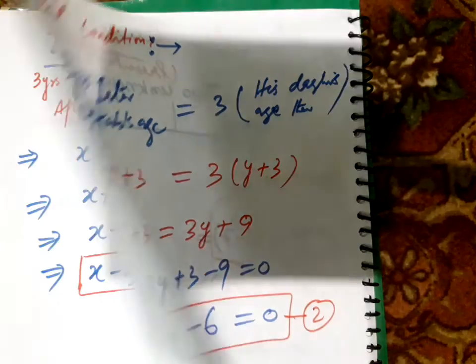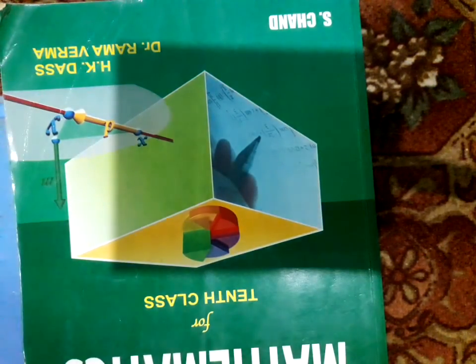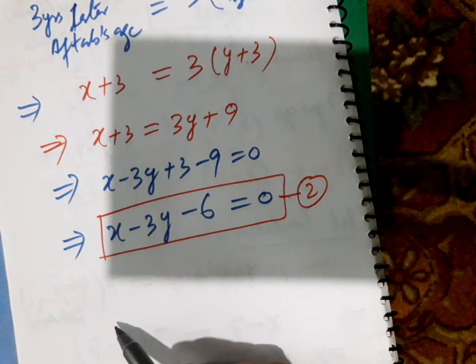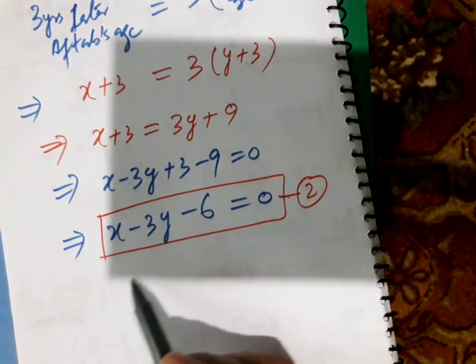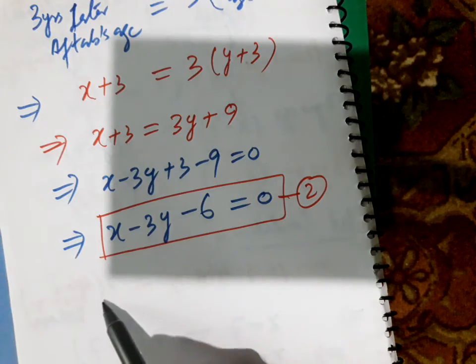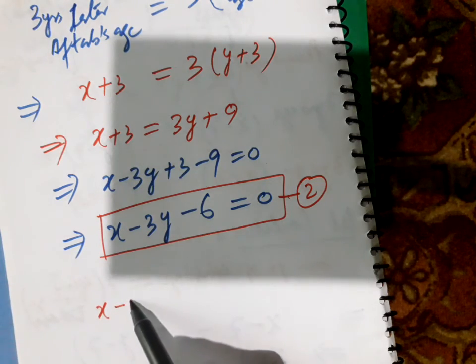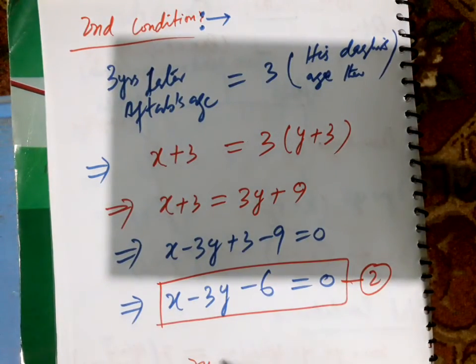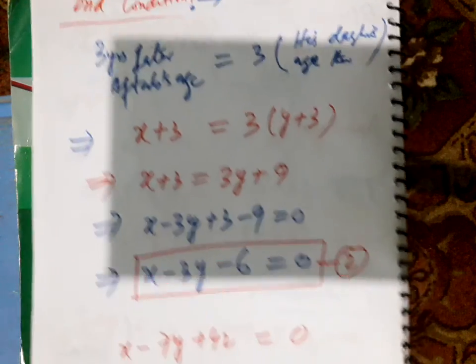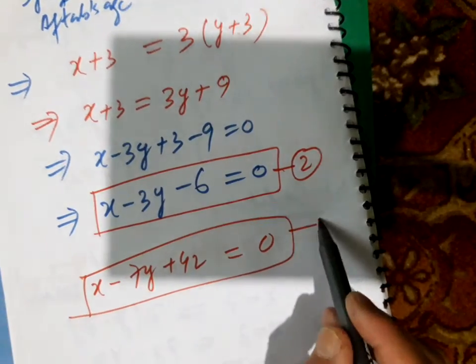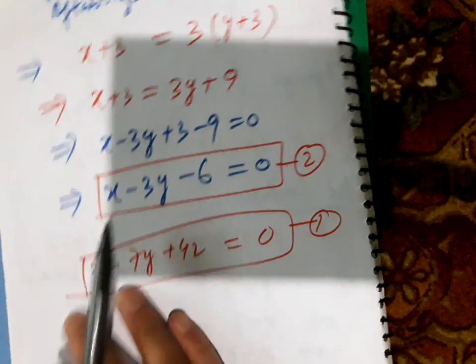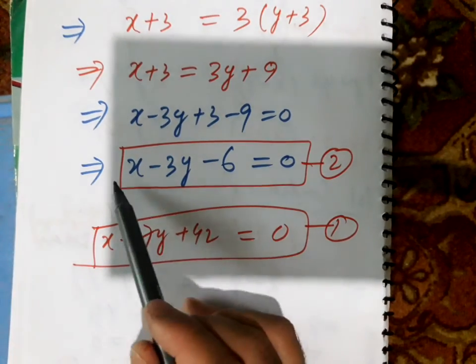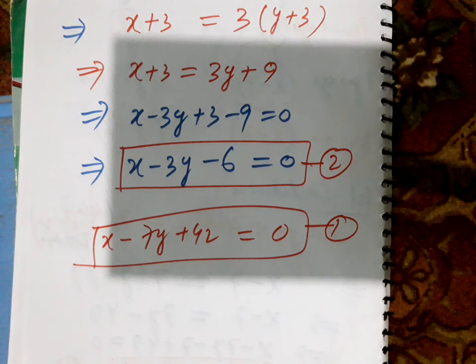The first equation was x minus 7y plus 42 is equal to 0, and the second is x minus 3y minus 6 is equal to 0. These are the pair of equations we got. In the next lecture, we will represent these two equations graphically.